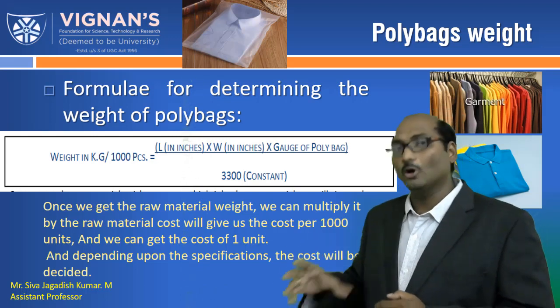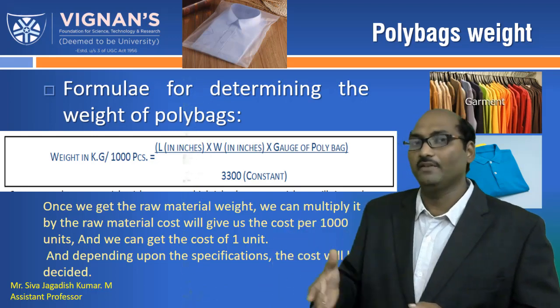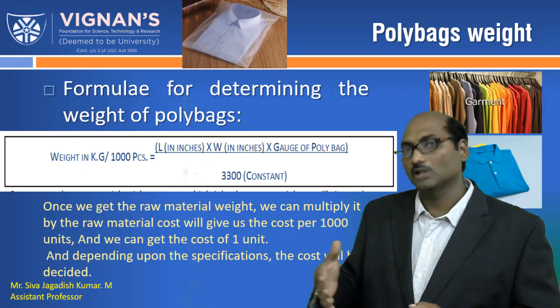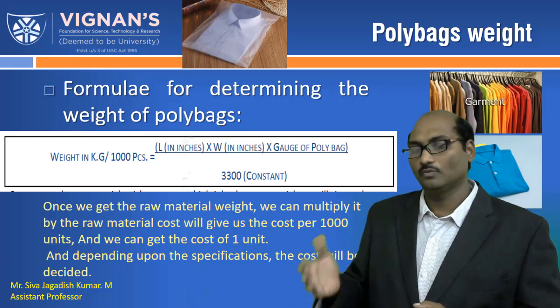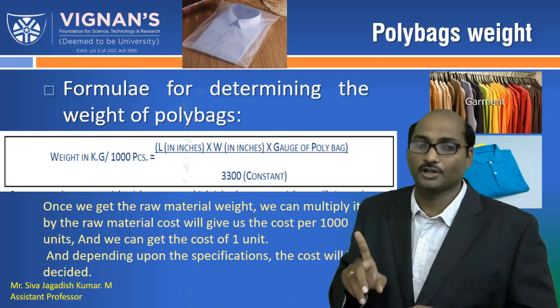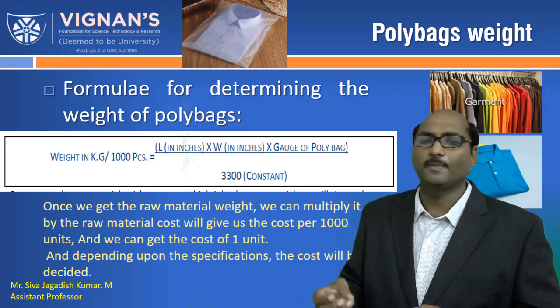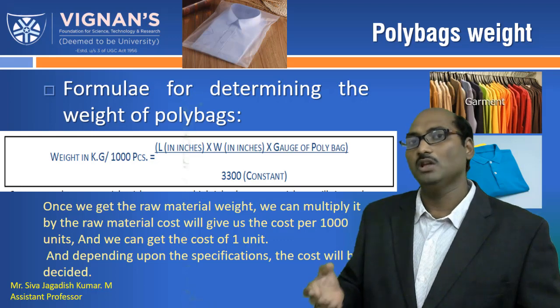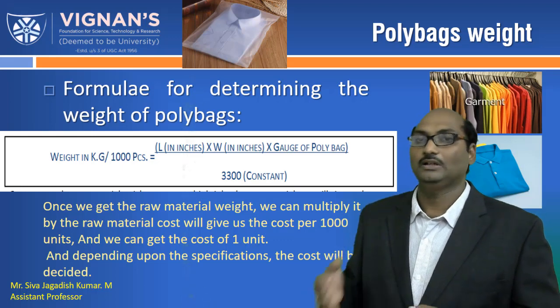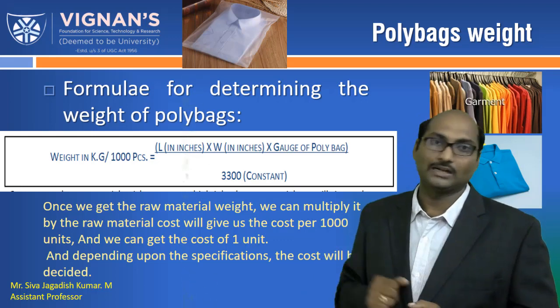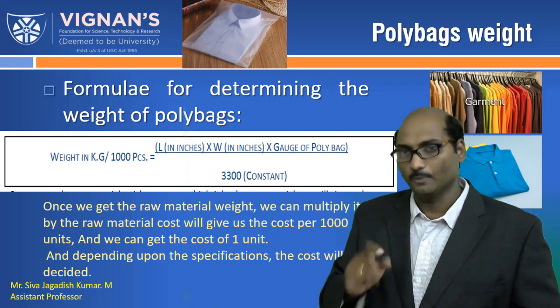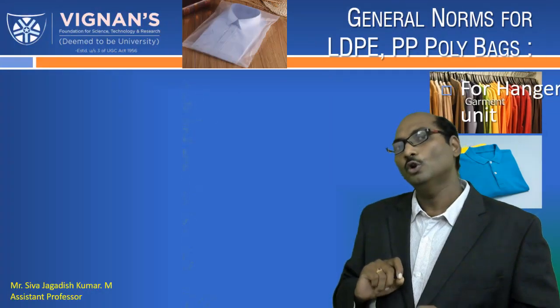Once we get the weight, we can multiply with the raw material cost to get the cost per 1000 bags, so we can find out the cost of 1 unit. Depending upon the specifications, the conversion cost can be added to this poly bag cost. Understood? I hope you understood.